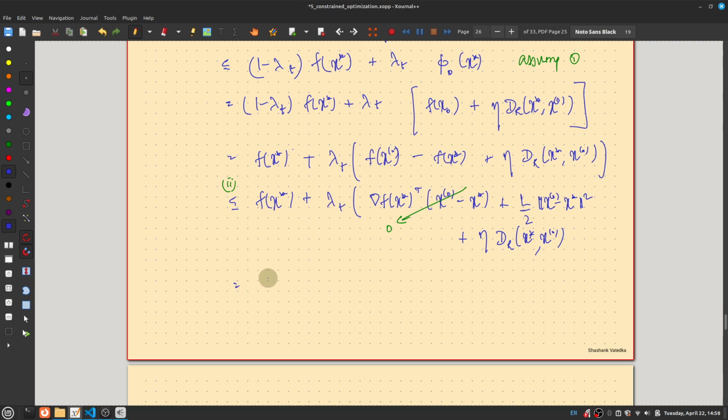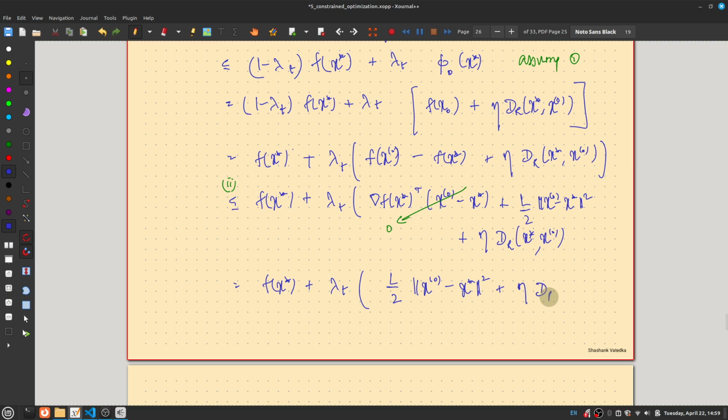Right, so this is f of x star plus lambda t times L by 2 norm of x0 minus x star square plus some constant times dr of x star x0.